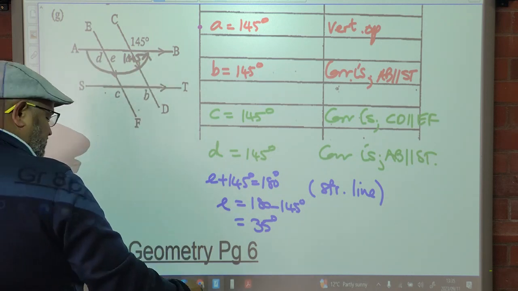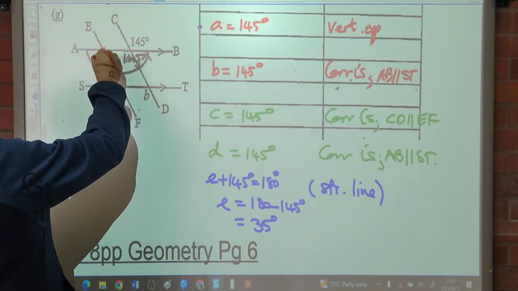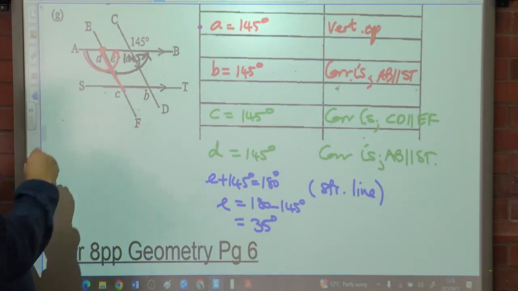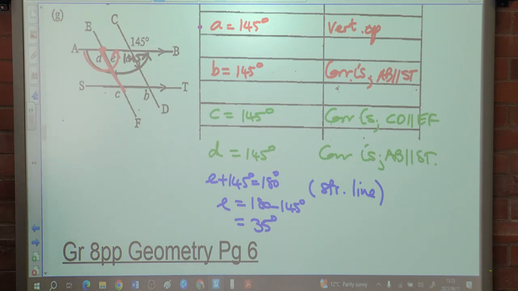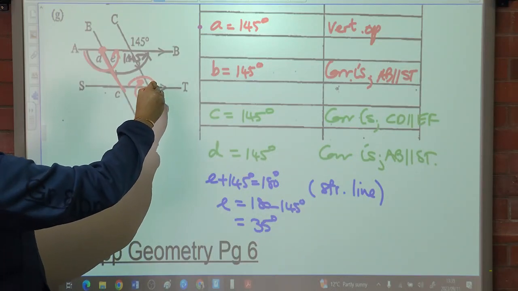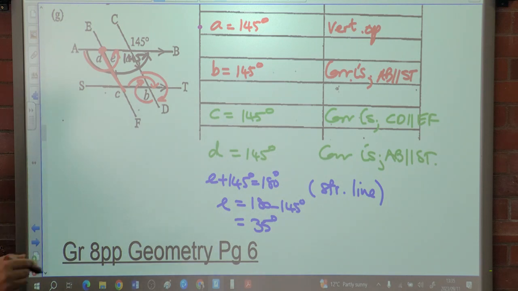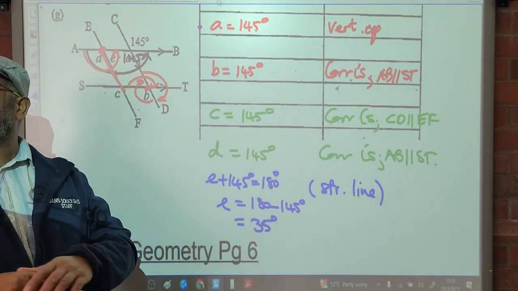You must remember it's to do with the vertex and the arm here. Can you see that? So those angles are on a straight line. Those there would have been angles on the straight line, or that there, or that there, or so on. Just watch out for the vertex, and that would be your guide. Anything else?